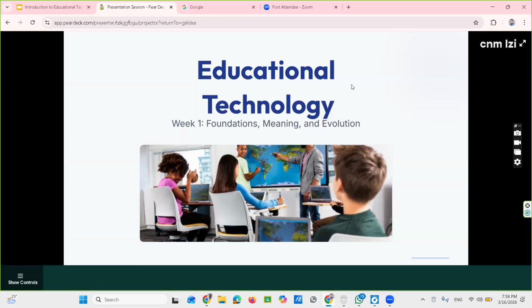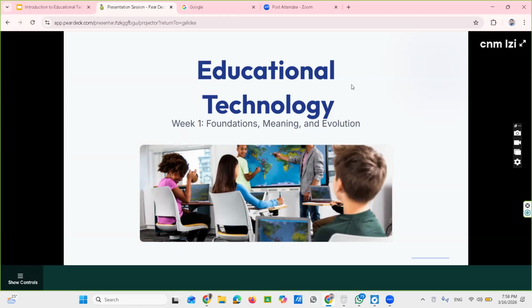Another thing, as teachers, before starting the next slide, I need to focus on the purpose. As a teacher, your main purpose should be increasing the skills, especially higher order thinking skills, of your students. There are two types of skills: lower order thinking skills and higher order thinking skills.